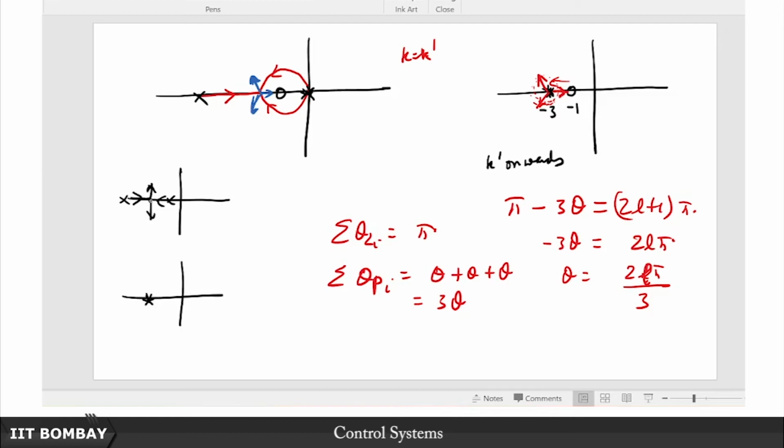And because this is a point on the root locus, it is always going to be a valid point on the root locus. Therefore, if I want to find out in which direction it leaves, all that I need to do is, the same thing happens here.